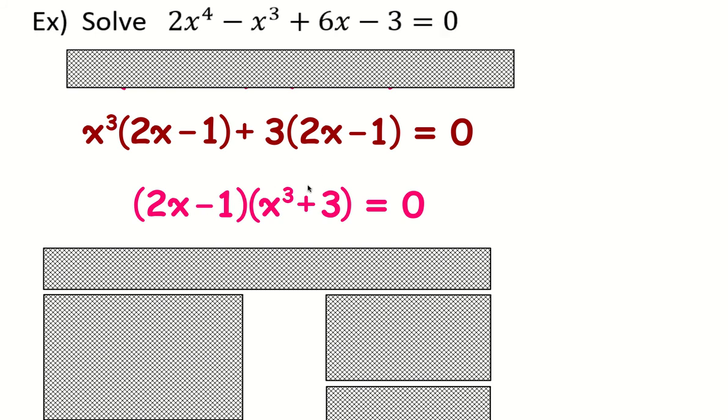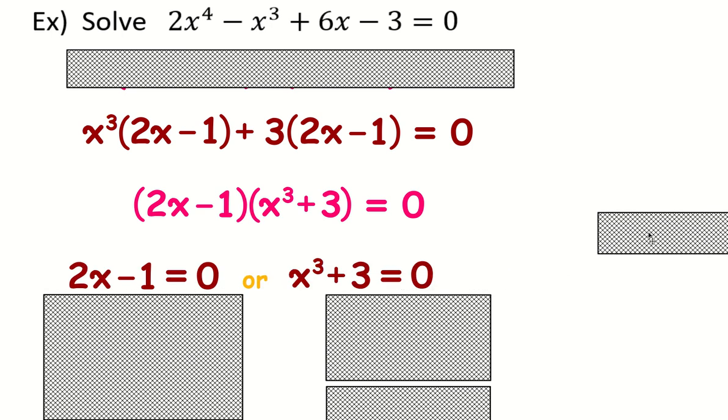So after we have the factors, what do we do? We set equal to 0, we factor, this was factoring by grouping, but we factored, bottom line. And what do we do after we factor? We set each factor equal to 0 separately, and then we solve each one of those equations.